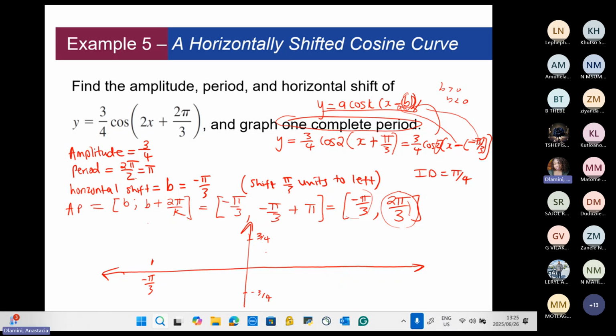Wait, isn't it negative pi over 12? Let me cross multiply. Actually, it's negative pi over 3 plus pi over 4. Isn't that negative pi over 12? Well done. Negative pi over 12.